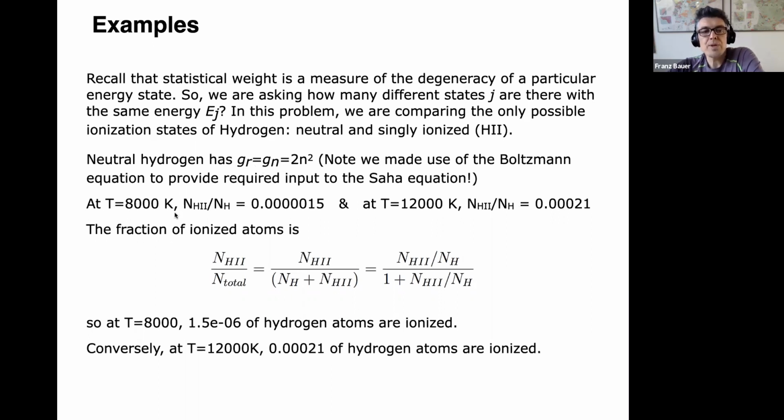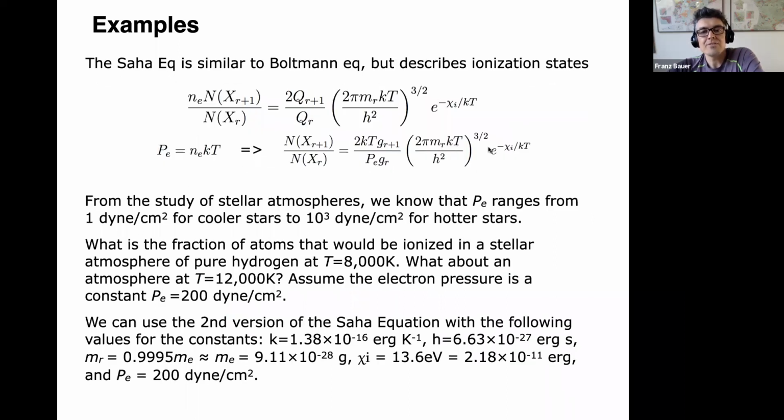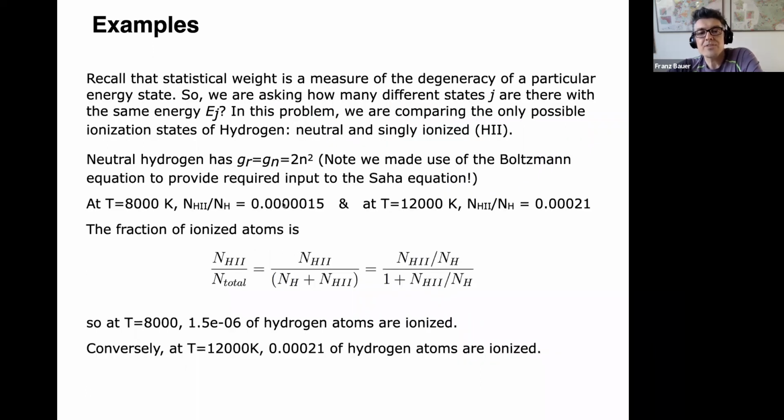We can assume that our statistical weights are of this order. At 8,000, we have a ratio here. If we plug in our various values, we have something of the order of this very small number. If we calculate it at 12,000, it's of this order.